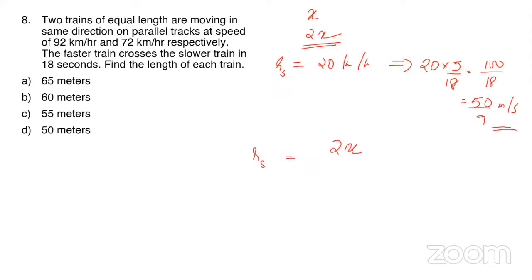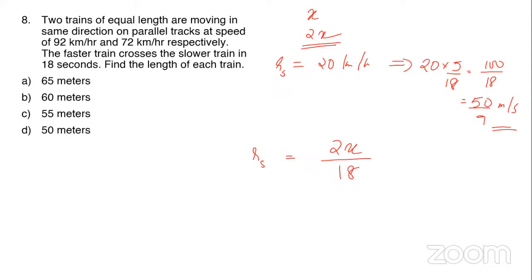The distance is 2x, and in the question the faster train took 18 seconds to cross the slower train. So the relative speed is also equal to 2x by 18.